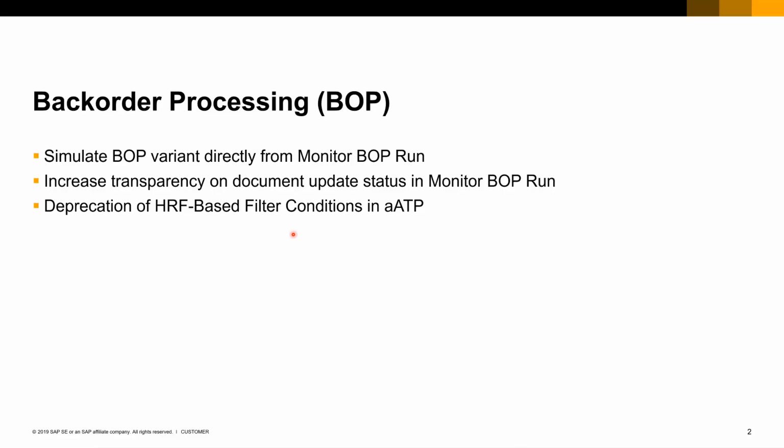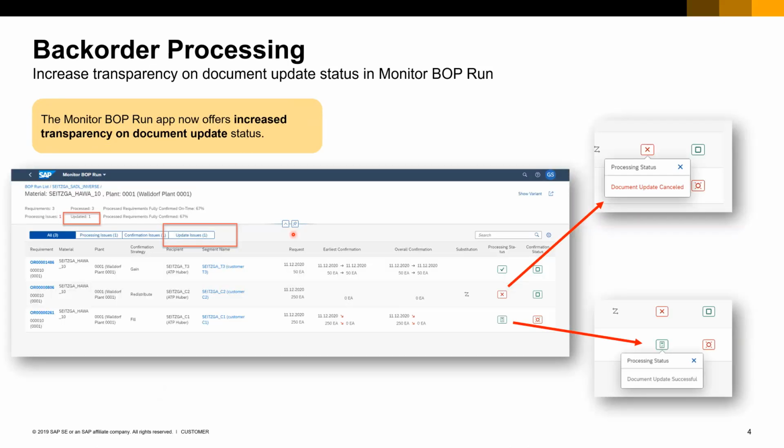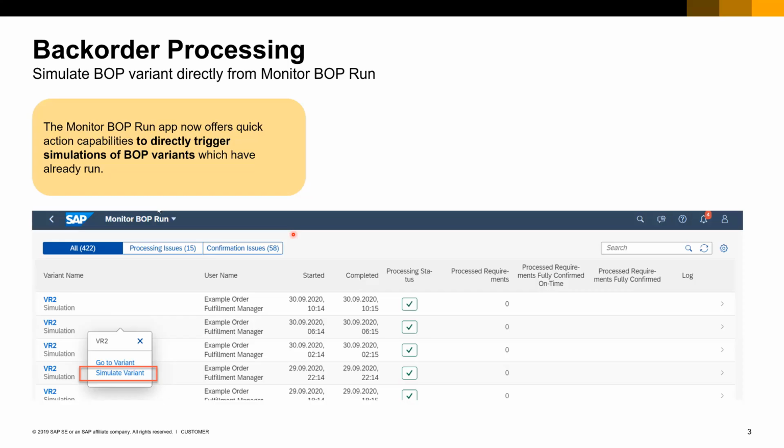A usability improvement is that we now have the possibility to simulate each BOB variant directly out of the BOB monitor. So if you are looking into your BOB runs in the BOB monitor and you are not satisfied with the result of a BOB, you can now directly go to a line and say simulate the variant, and then this variant would be simulated, which is, I think, a nice cool feature with regards to usability and integration.